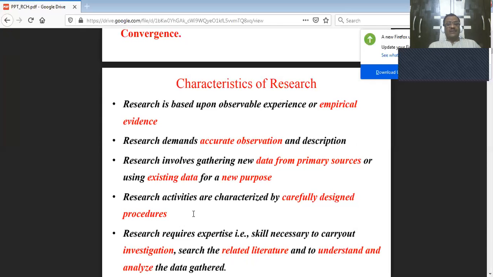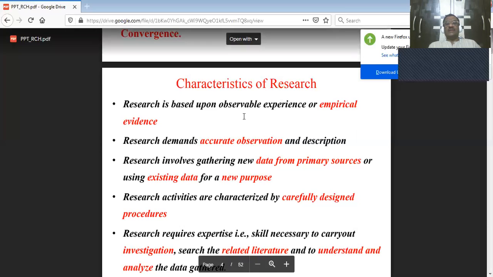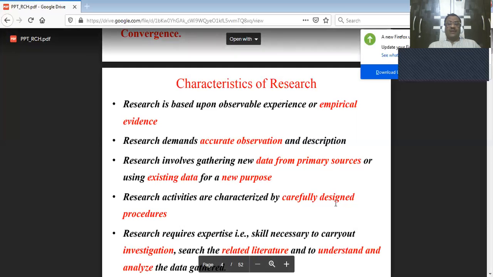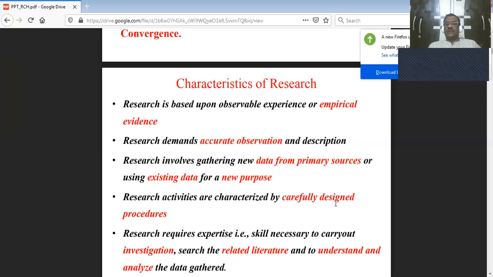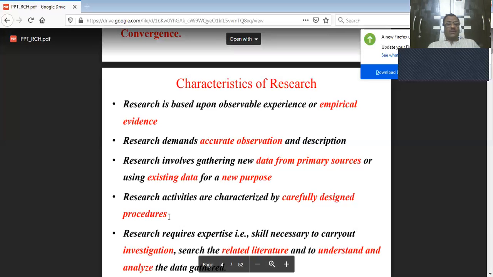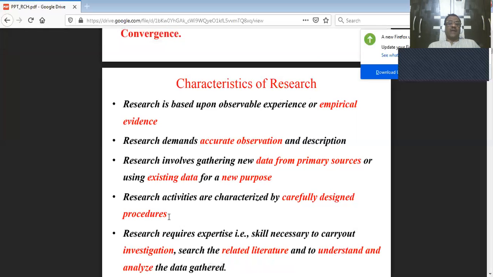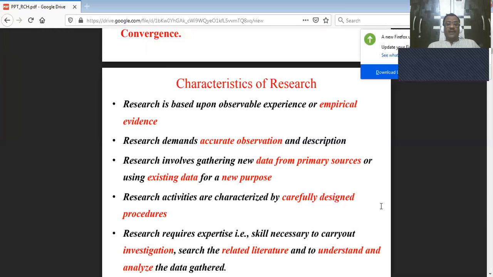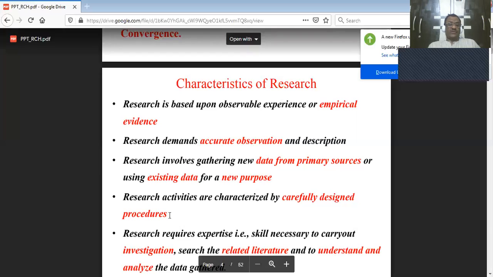Now, research activities are characterized by carefully designed procedures. There is a systematic procedure to be addressed. Carefully laid down guidelines and principles are there. Very well developed procedures are to be followed, and your research follows the systematic execution of your well-planned actions.